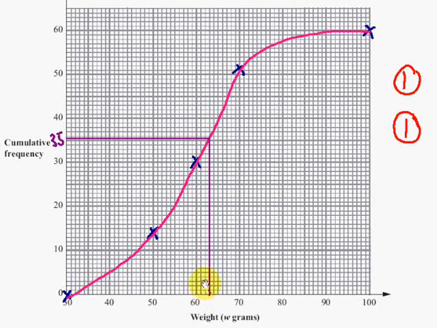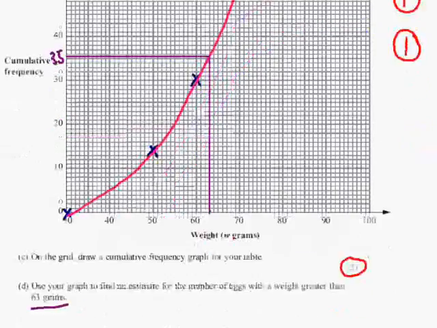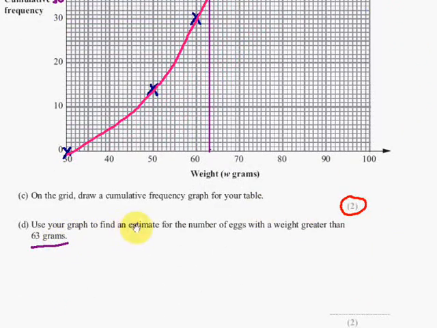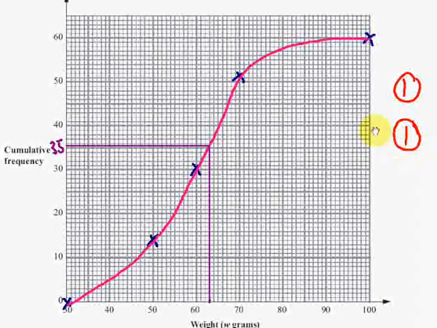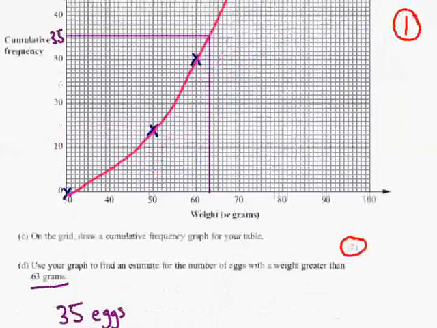Okay, so the question was, use your graph to find an estimate for the number of eggs with a weight greater than 63 grams. Well, if there's 35 eggs that have a weight from 0 up to 63 grams, and there's a total of how many eggs? 60 eggs.